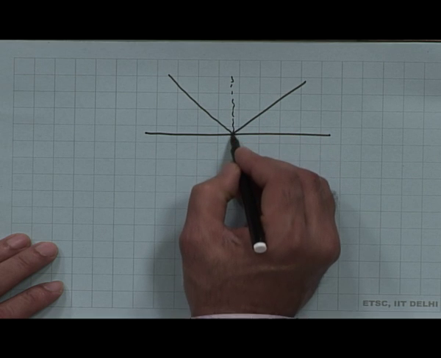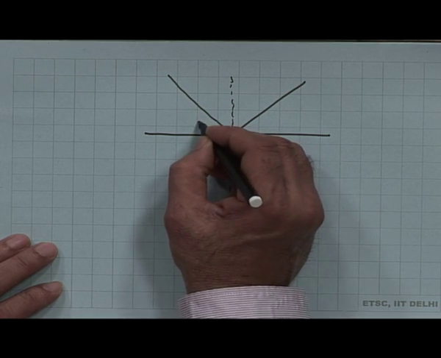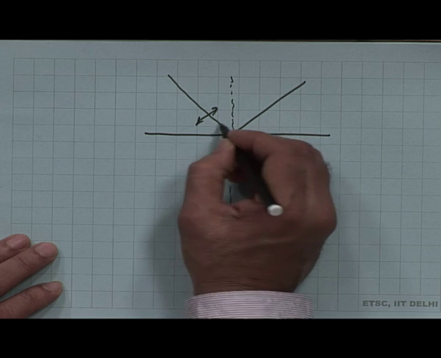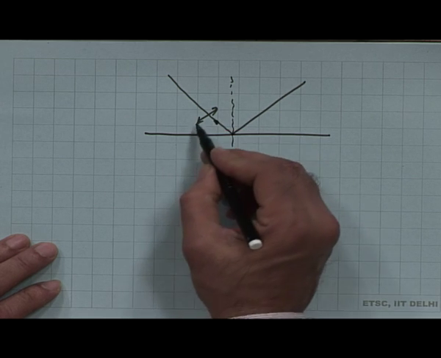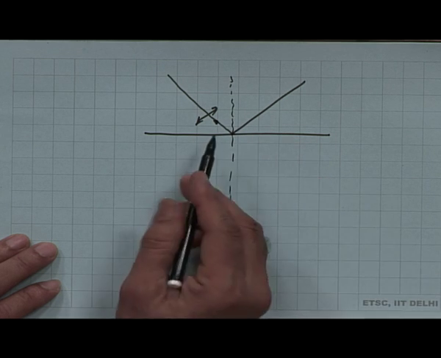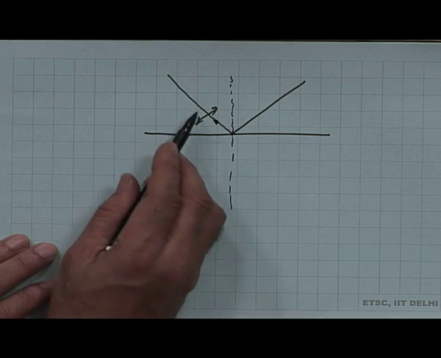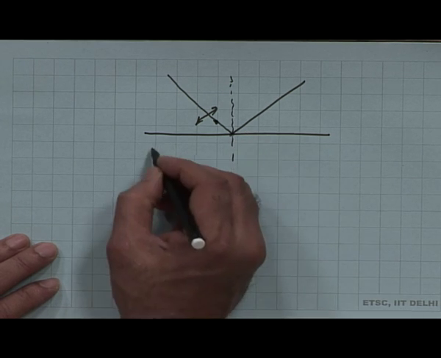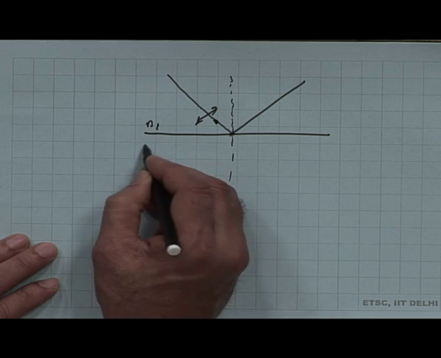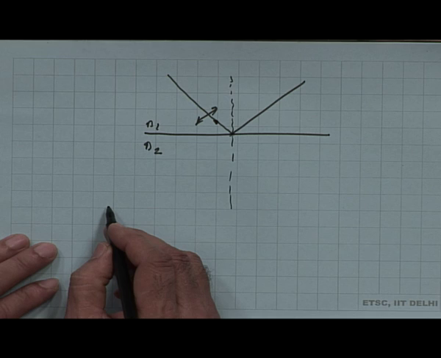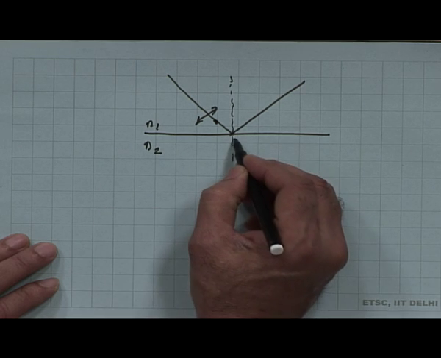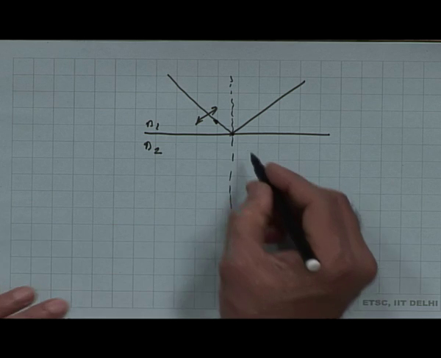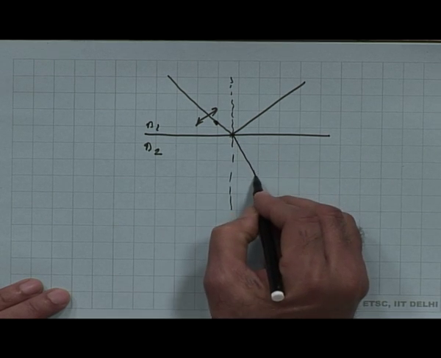So, we have the electric field variations. In one case, the electric field is varying like this, in the other case the electric field is varying in a direction perpendicular. Therefore, this is one medium of refractive index N1, another medium of refractive index N2. This is the transmitted wave.